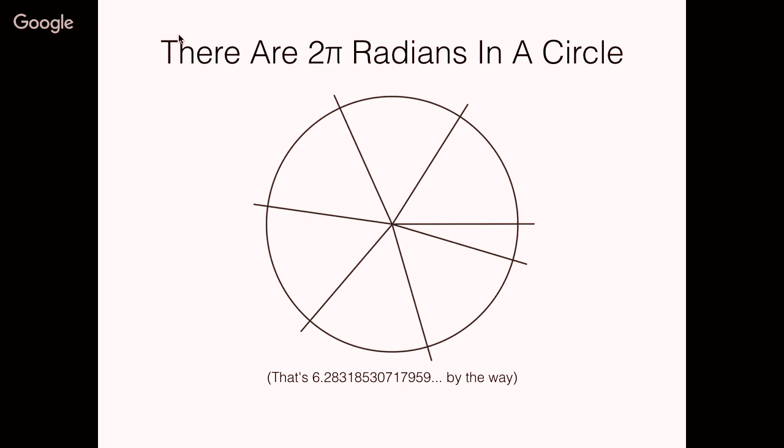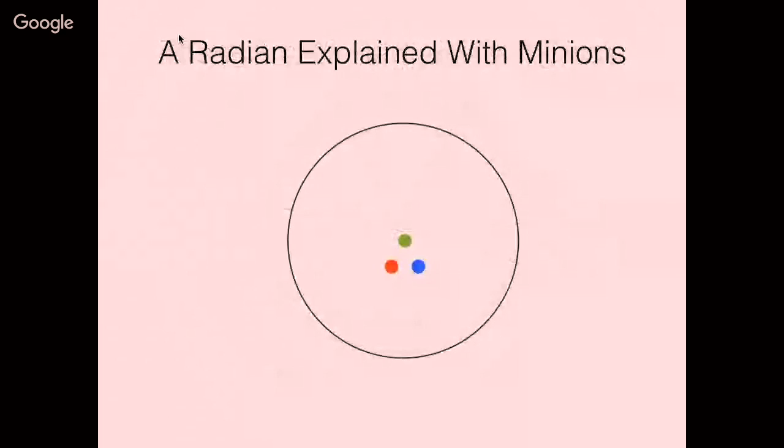And so just understanding what a radian is is, I think, the first stumbling block of doing any of this. So I thought I'd just explain it really quickly in case the principle has passed you by. So suppose I'm called Mr. Green, which in fact I am, and I have 2 minions, Mr. Red and Mr. Blue, and I'm standing at the center of a circle, say a furlong in radius.